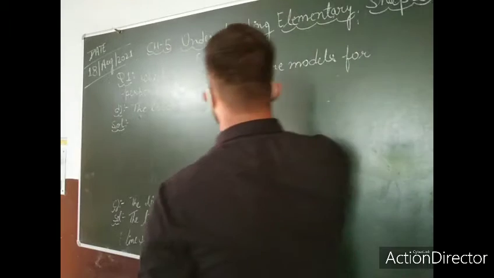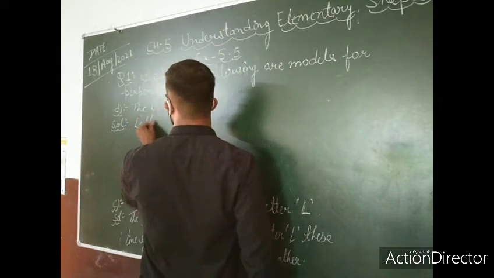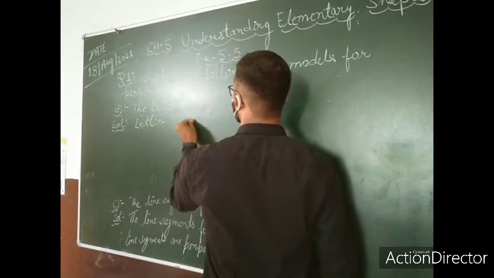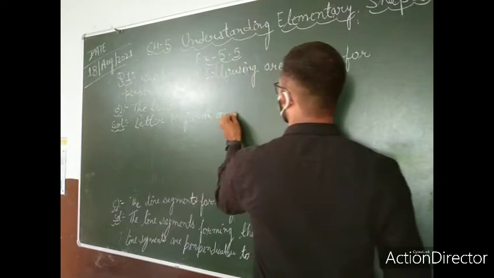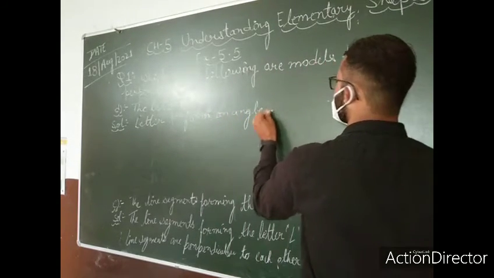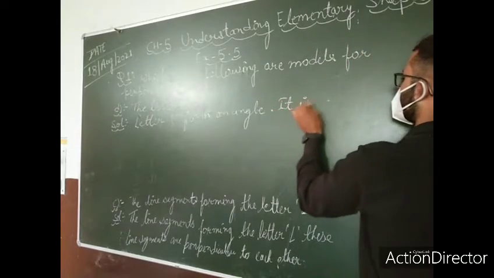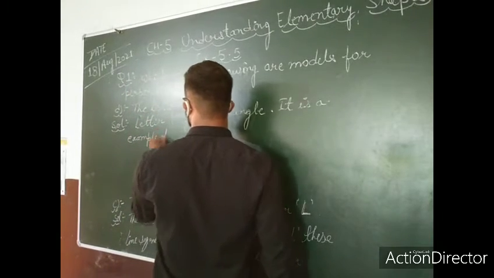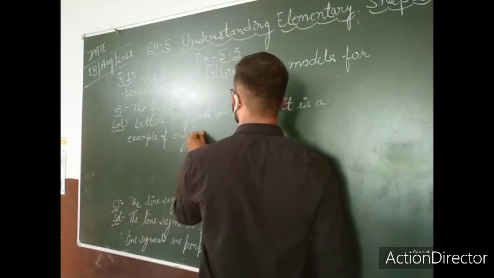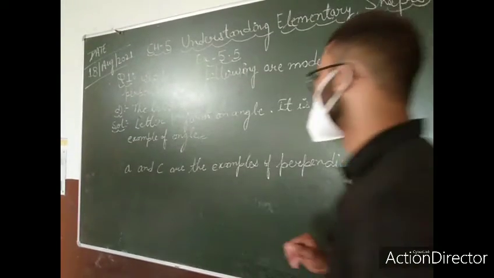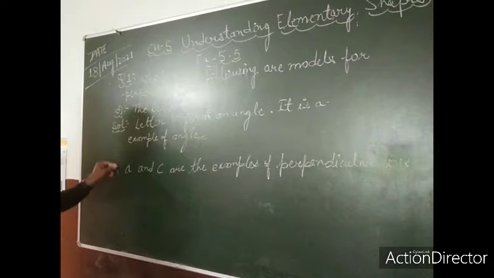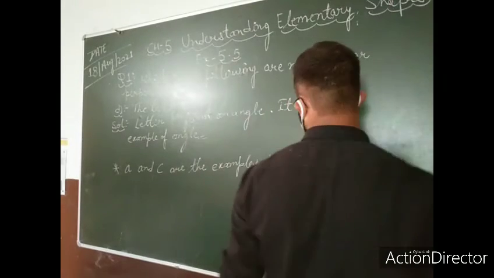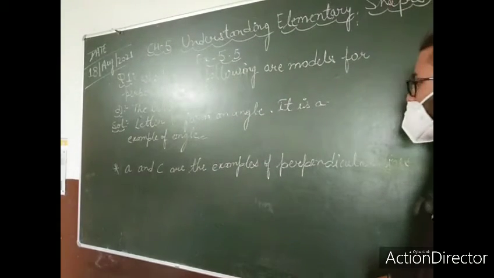So here we write, the letter V forms an angle. So now we write our final answer: A and C are the examples of perpendicular lines, right?